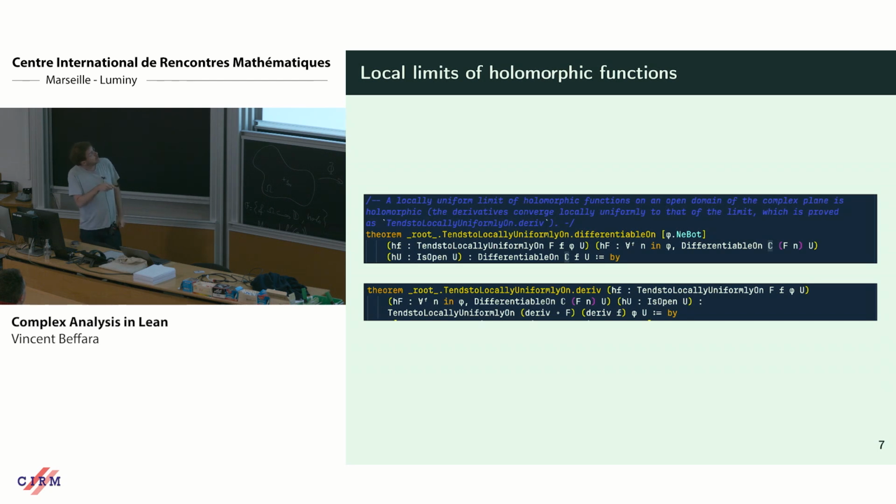Here you can get by with only looking at circle integrals, and there's huge API support for circle integrals in Mathlib already. So what you do is you write the derivative here as a circle integral, and you say that if you converge uniformly on the circle, then the limit is also a circle integral, and it works.